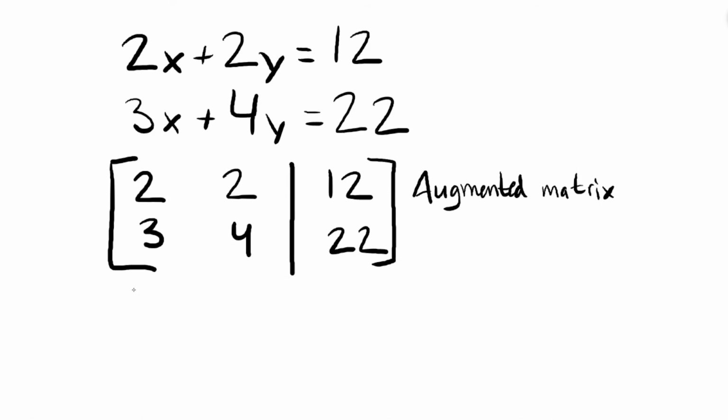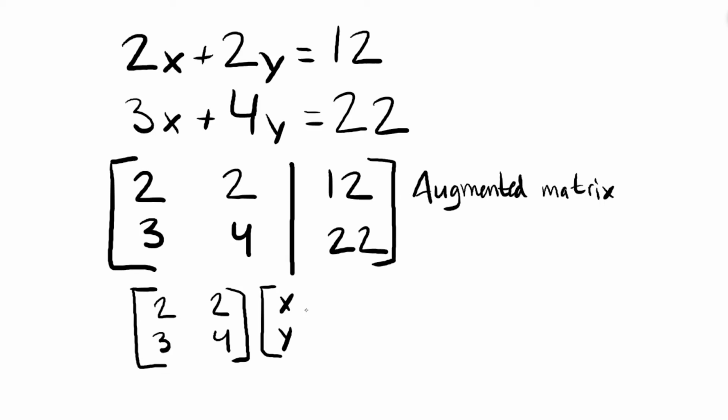Then we could write it as, so let's say we have 2 and 2 and 3 and 4. So the same thing as before, but now we close that matrix. That is the matrix. And let's say we want to be very clear that it's x and y. Then we could write just x and y. Now, don't be confused. This doesn't mean that this row is equal to x and this row is equal to y.